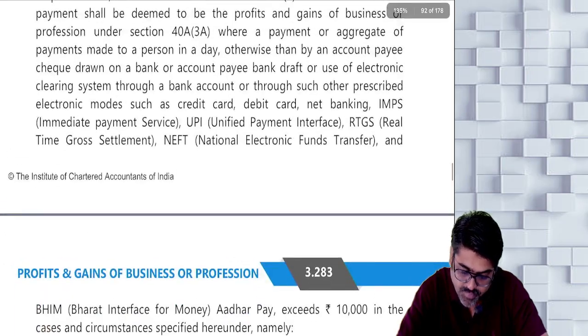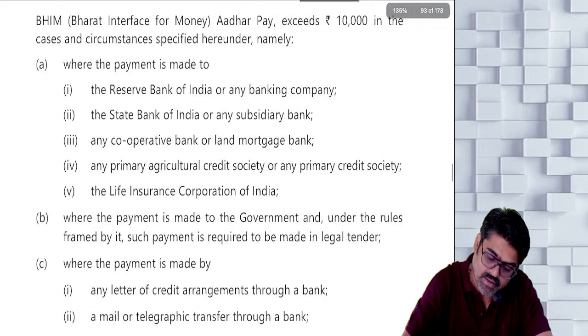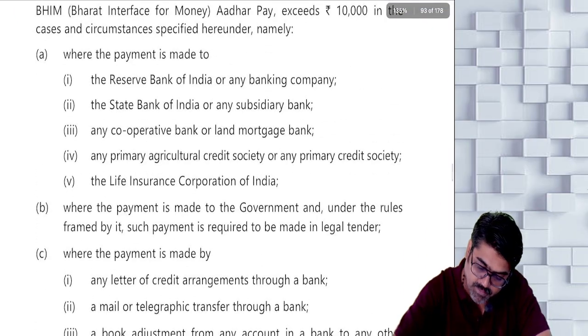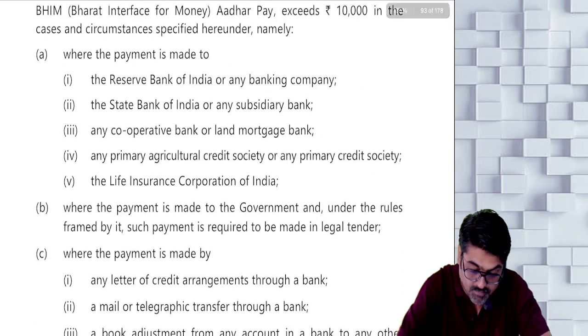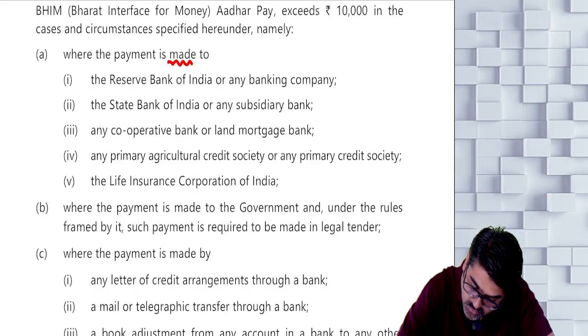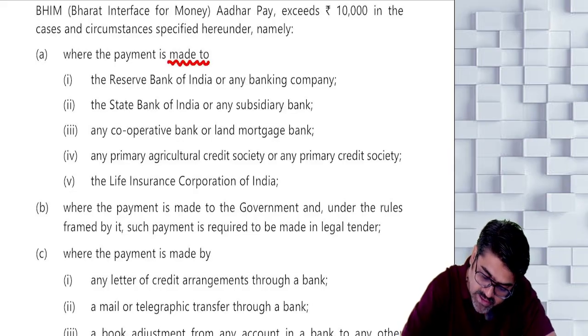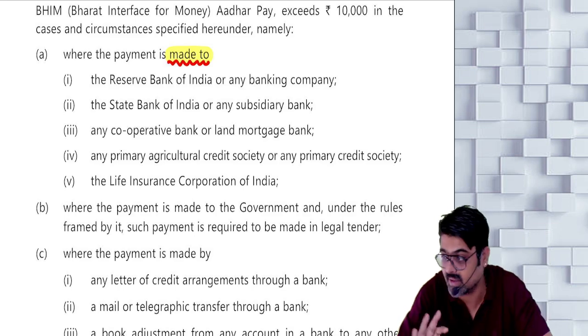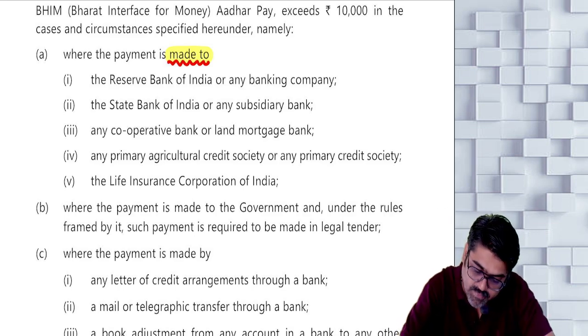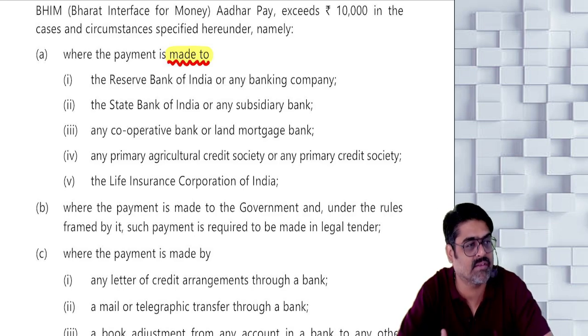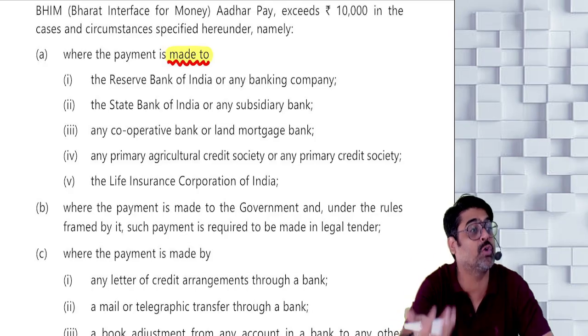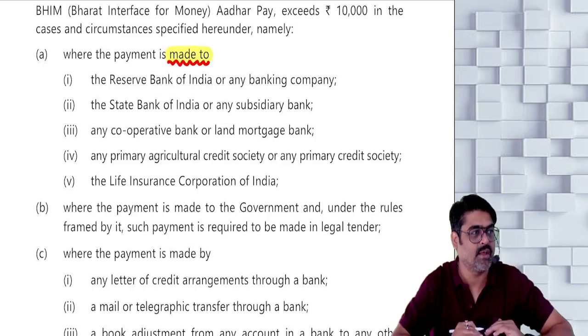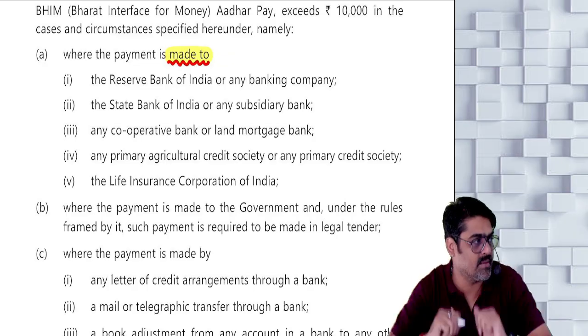See, first point, where the payment is made to, meaning the recipient of the payment. If you have incurred a business expense and for that business expense you are making the payment, to whom are you making that payment?